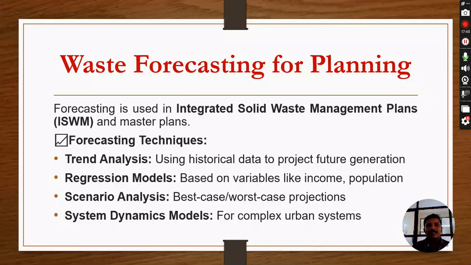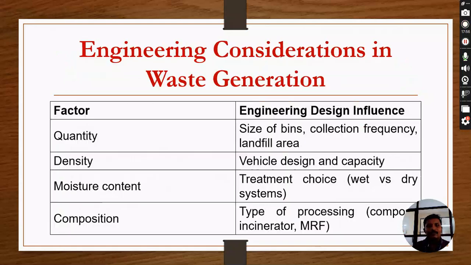Waste forecasting is done with the help of techniques like trend analysis, regression models, scenario analysis, and system dynamics models. Engineering considerations in waste generation are quantity, density, moisture content, composition. If the quantity increases, more collection bins, landfill, and recycling plants are required.